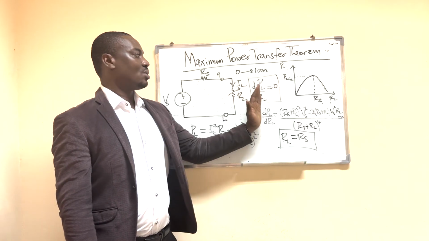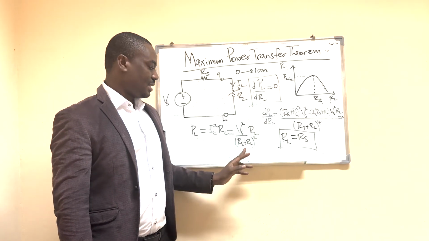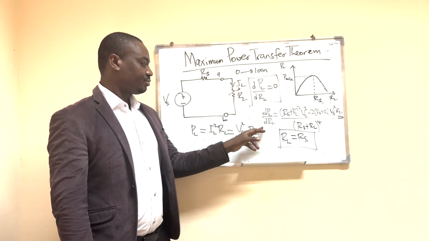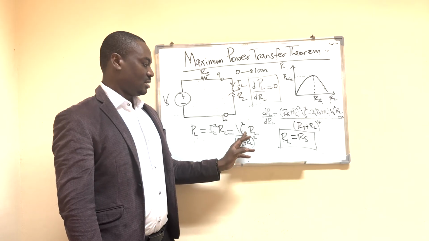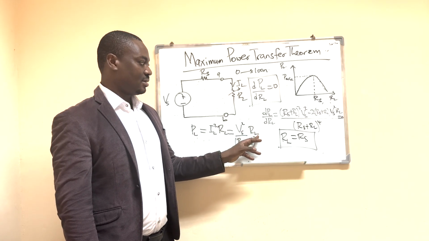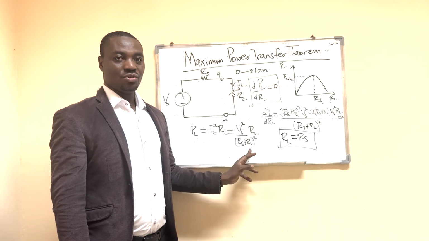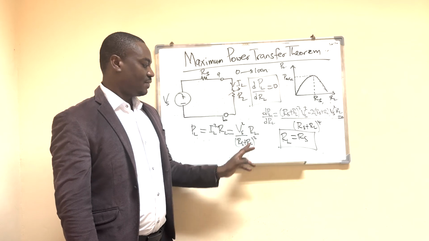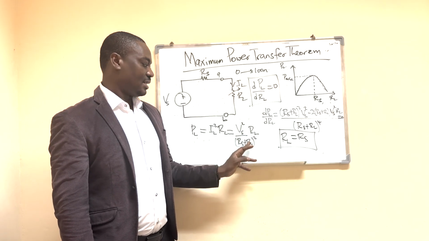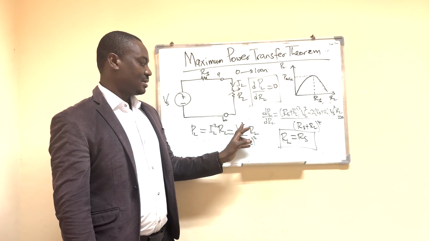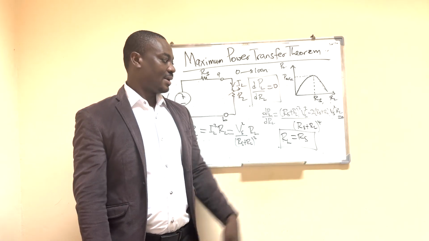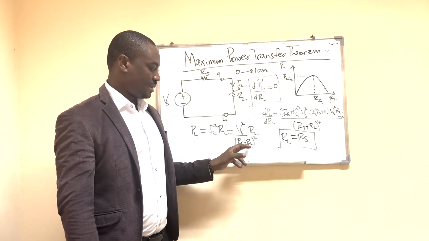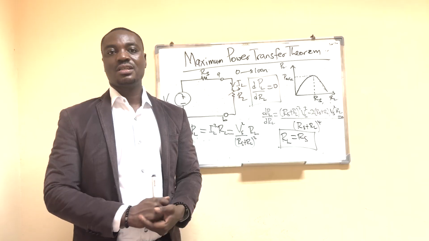Now you can do this. You differentiate for this. To do the differentiation, we differentiate the top, VS squared times RL, and then multiply by the denominator, which is this, and then minus, we differentiate the denominator and multiply by VS squared times the load resistance, all over (RS plus RL) squared squared, meaning (RS plus RL) raised to the power of 4.